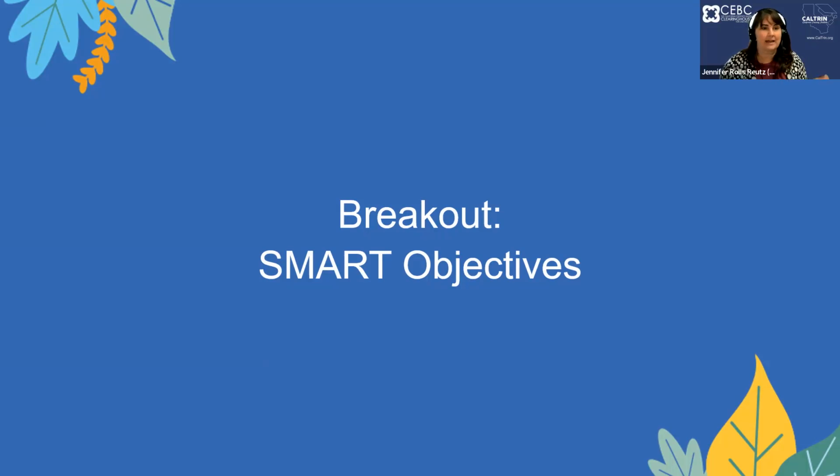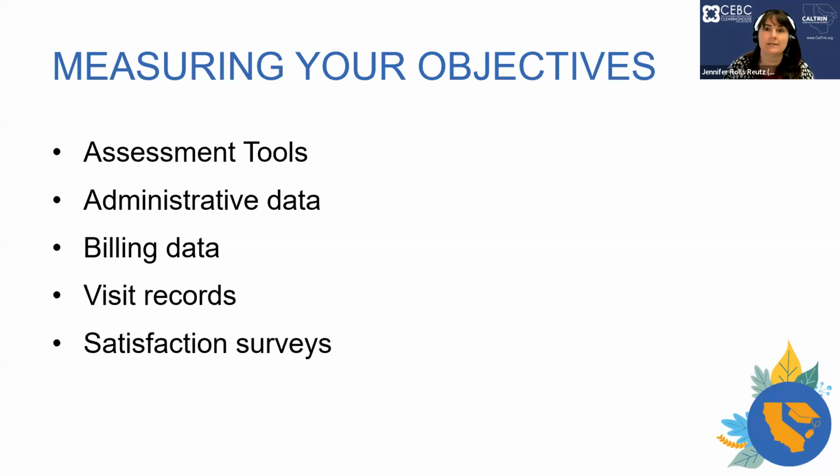All right. So now we've got a handle on objectives, and everyone has written down a SMART objective that goes along with their goal. So now we're going to dig a little deeper into the M, the measurable piece. We asked you earlier what you thought of when you heard program evaluation, and someone mentioned lots of data.